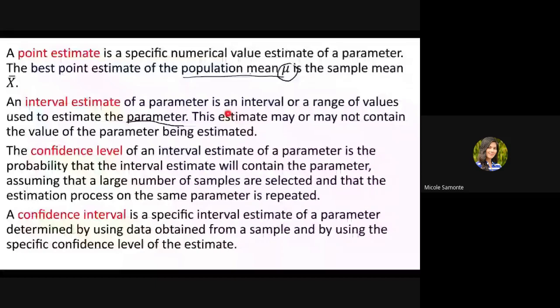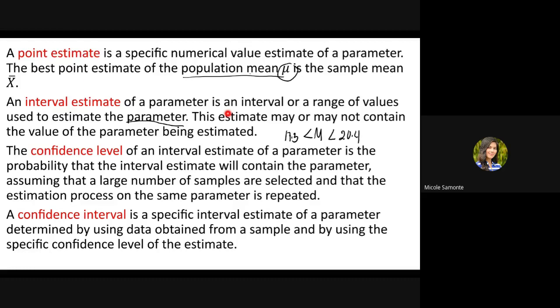So pwede niyang sabihin na ang population mean doon ay greater than 17.3 but less than 20.4. So naglalaro ngayon yung edad ng mga estudyante ng Arellano na nakuha niya sa sample from 17.3 years old but less than 20.4. Yun po yung interval estimate.